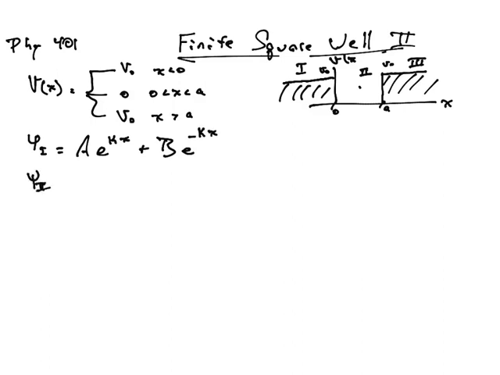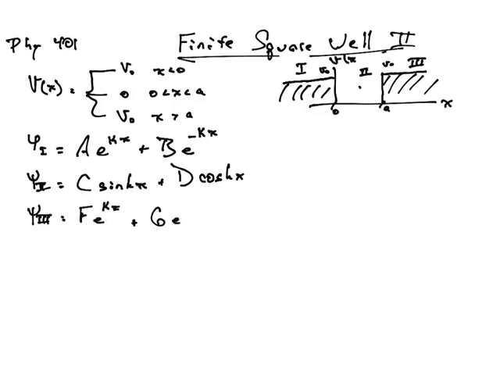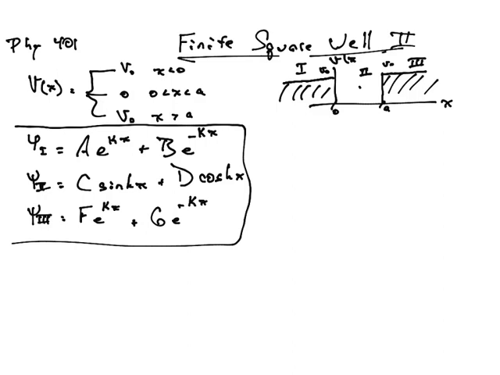Psi 2 was c sine kx and d cosine kx. And in region 3, because we have to skip e, because e means energy, f e to the kappa x plus g e to the minus kappa x. Okay? So we found this last time.